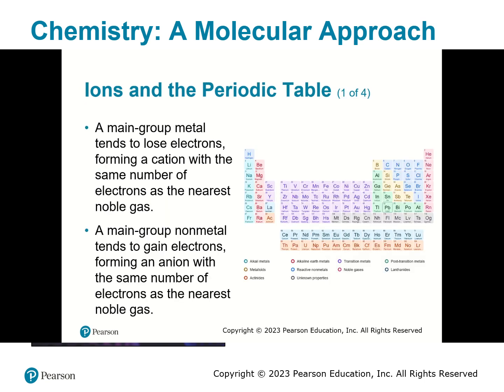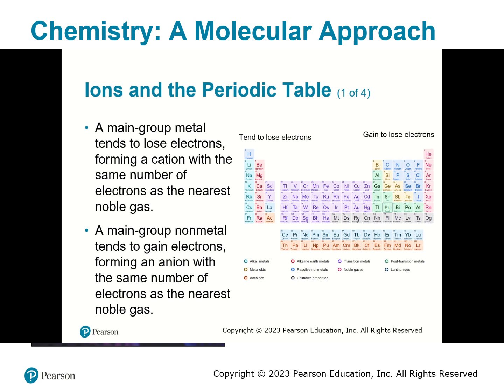Good. So ions and the periodic table. Main group metals tend to lose electrons, forming a cation with the same number of electrons as the nearest noble gas. And the non-metals tend to gain electrons.